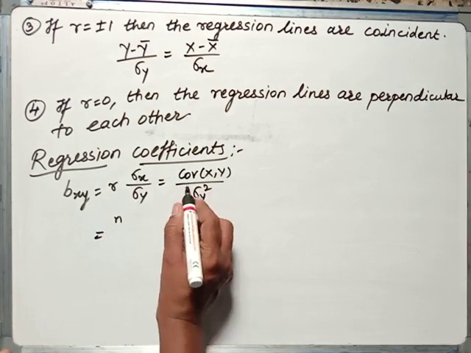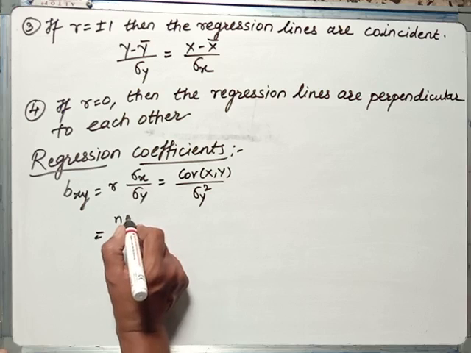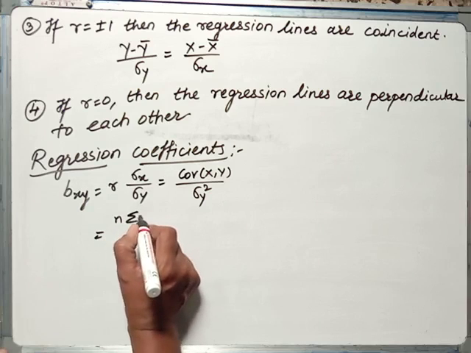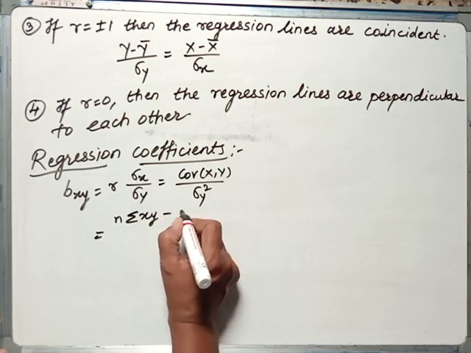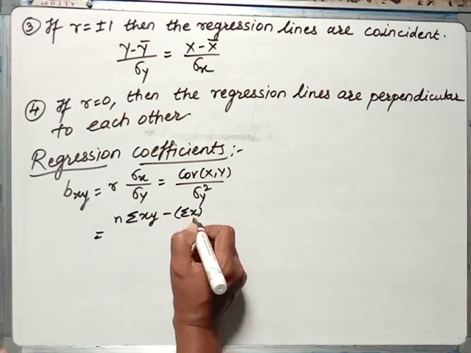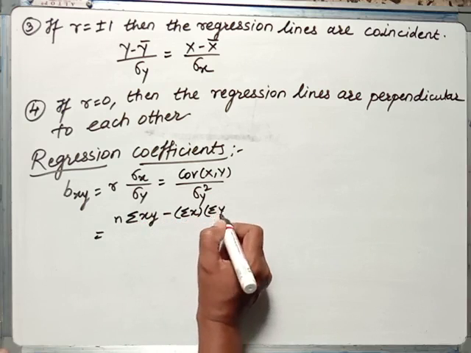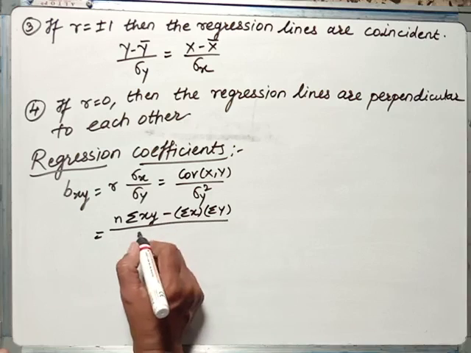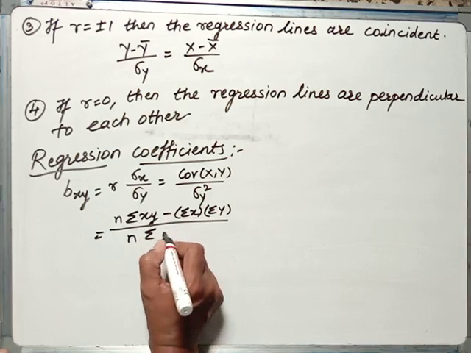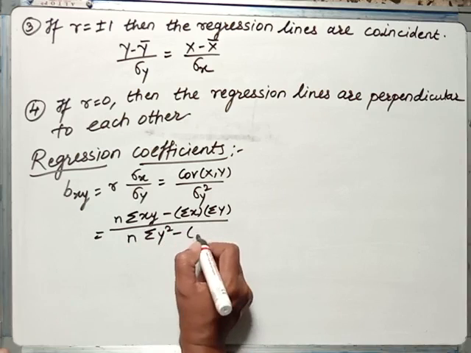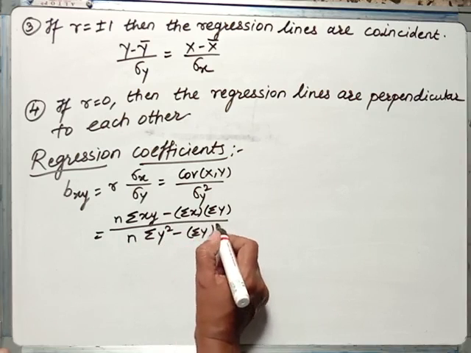Now in simplified form I am writing: n into summation xy minus summation x into summation y, upon n into summation y square minus summation y whole square.